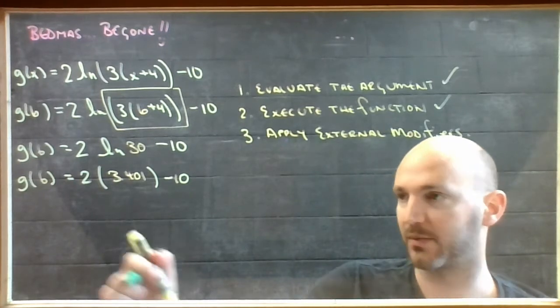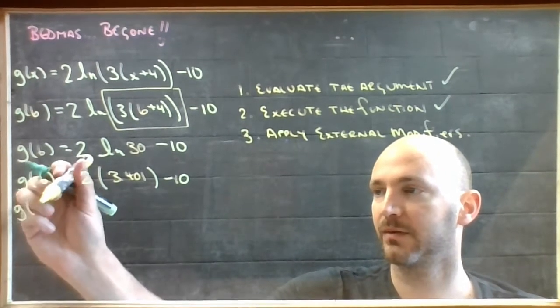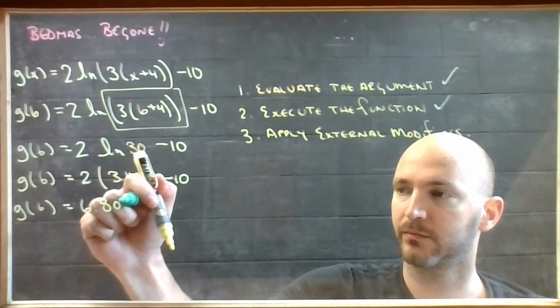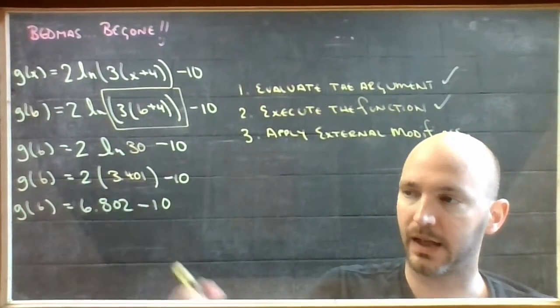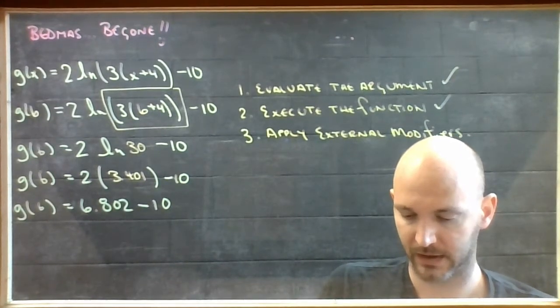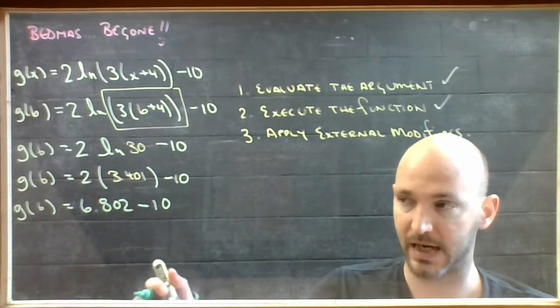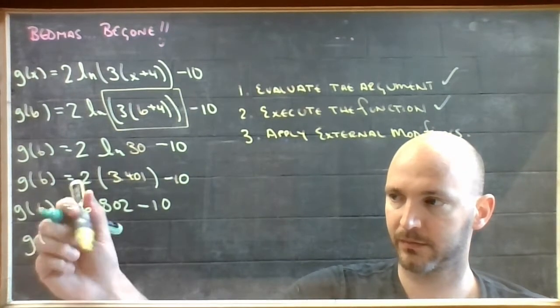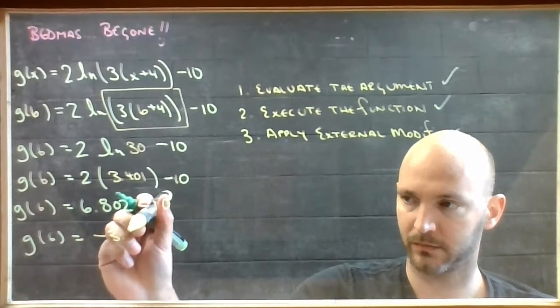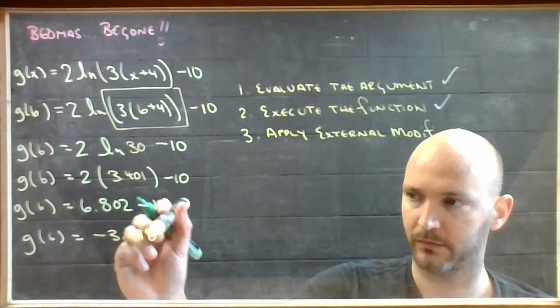That gives me 6.802. And 6.802 subtract 10 gives me negative 3.198. Approximately.